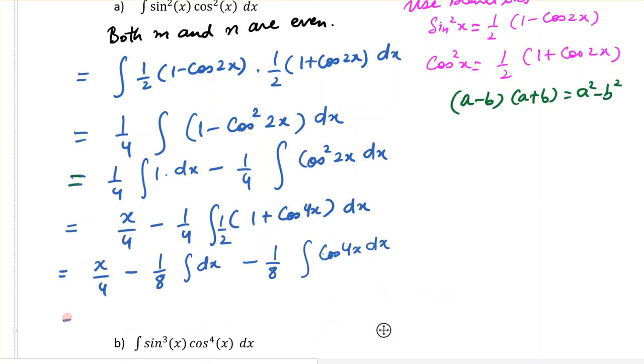Thus we get x over 4, and then the integral of dx is just x, minus x over 8, and the integral of cosine of 4x.